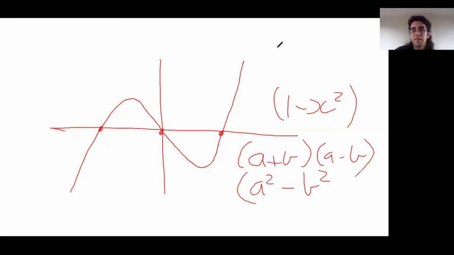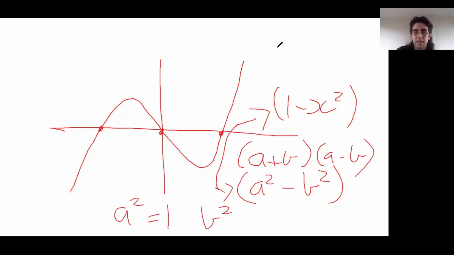So what we've got in this first factor is in the form of the latter. We're going to assume that a squared equals 1 and b squared equals x squared. So therefore, a is 1 and b is x.